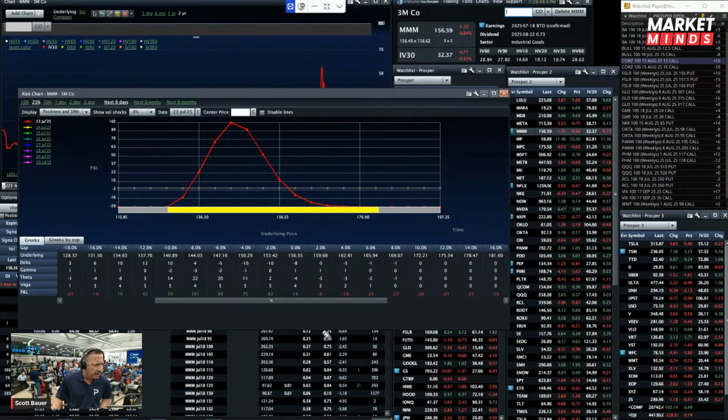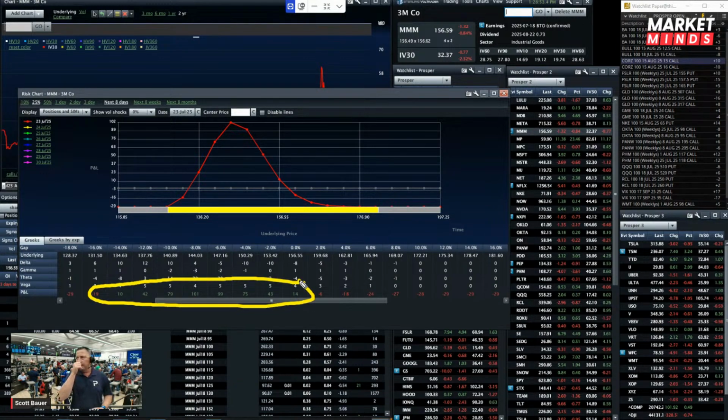Why all of a sudden is not only the potential profit double, 2.5 times as much, but we have a much wider zone where we could make money? Why do you think that is?